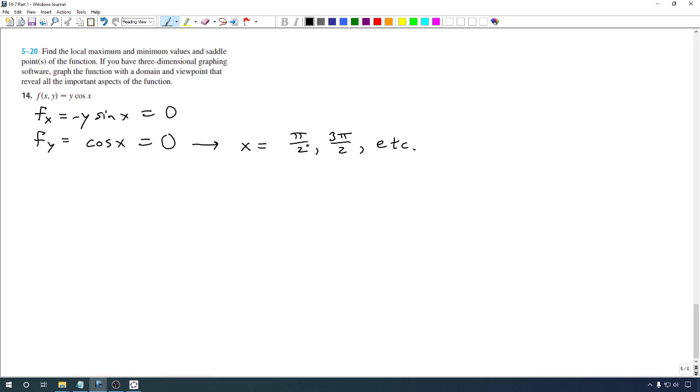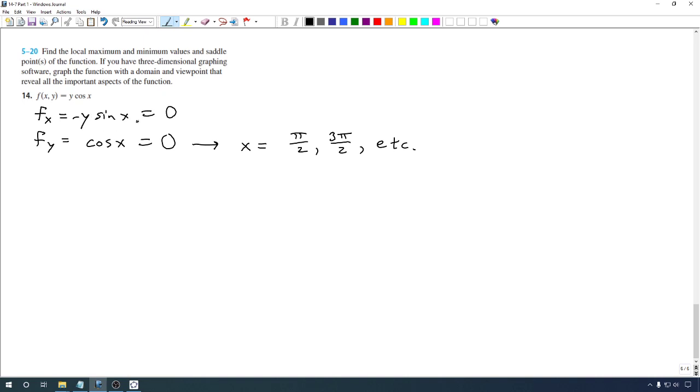You have to remember some calculus, some trigonometry here. But one thing to note about every point where cosine of x equals 0, if we plug those into sine, we never get 0. Sine of pi over 2 is 1. Sine of 3 pi over 2 is negative 1. In fact, we will always get 1 or -1 from the sine.